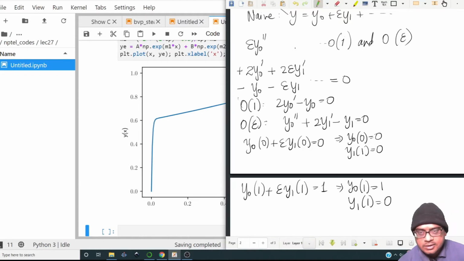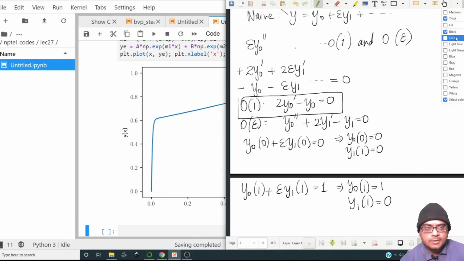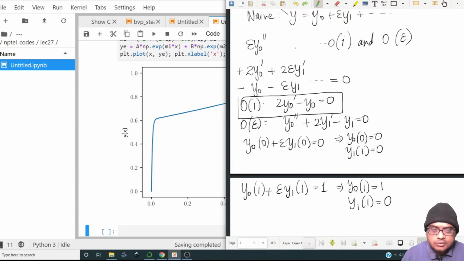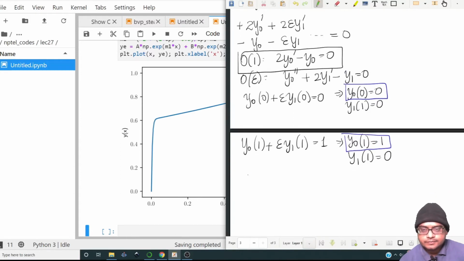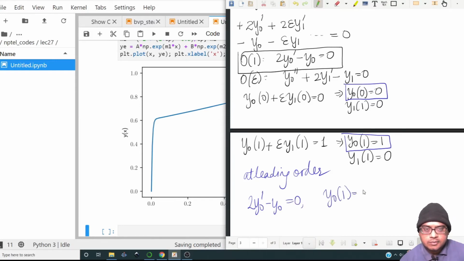But look, at the leading order, we have a first order differential equation, but we are presented with two boundary conditions. So at the leading order, we have 2 y0 prime minus y0 equal to 0, y0(1) equal to 1 and y0(0) equal to 0.